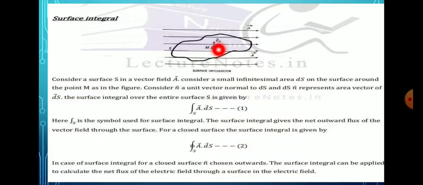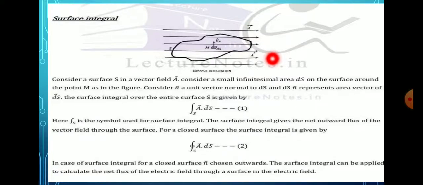Let a cap n be the unit normal to ds at M. In a vector field, the elementary surface ds acts as the vector ds bar, so that ds bar is equal to ds times n cap.